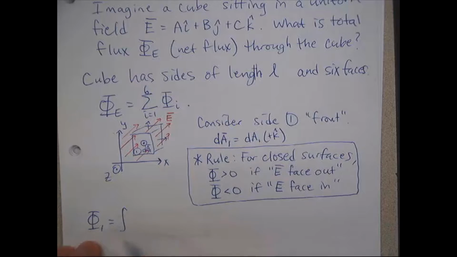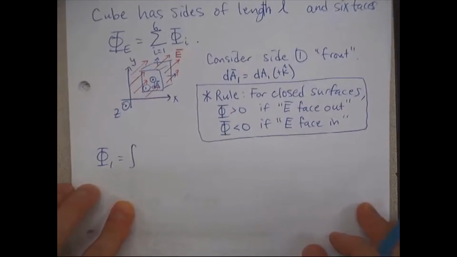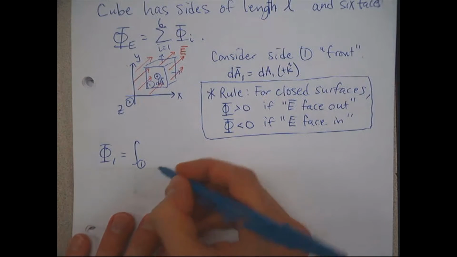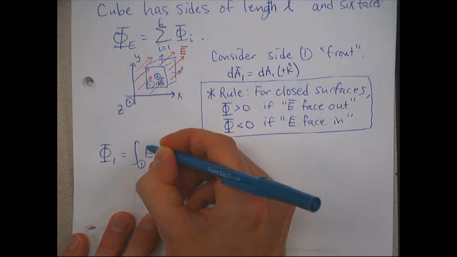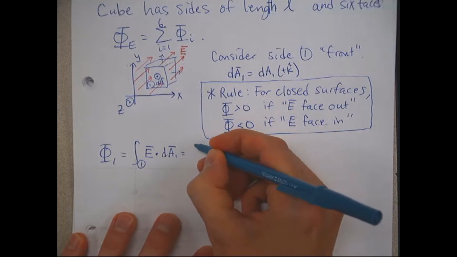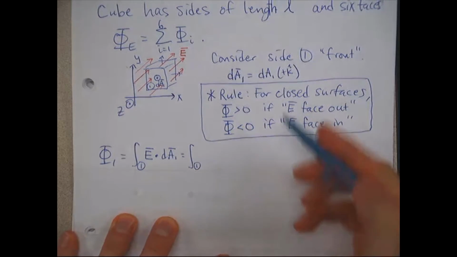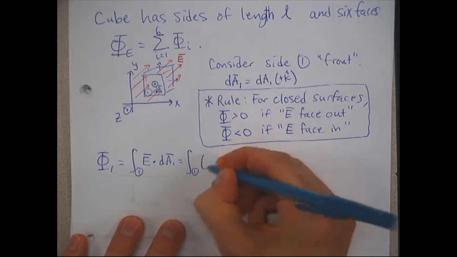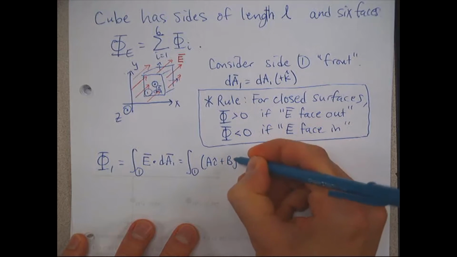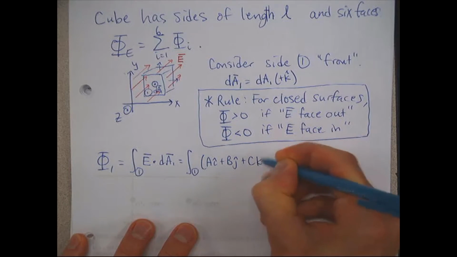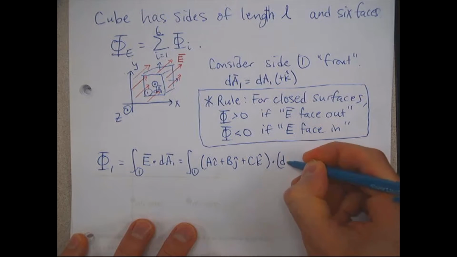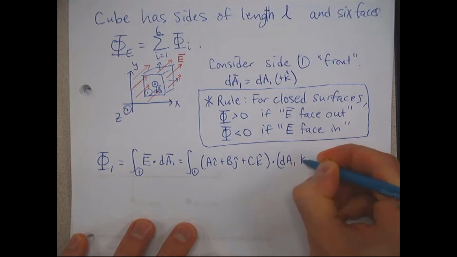Okay. So flux through surface 1 looks like a surface integral over area 1 of E dot dA1. We have the representation of that electric field stated in the problem, A i hat plus B j hat plus C k hat, dotted now with the vector dA1 k hat.